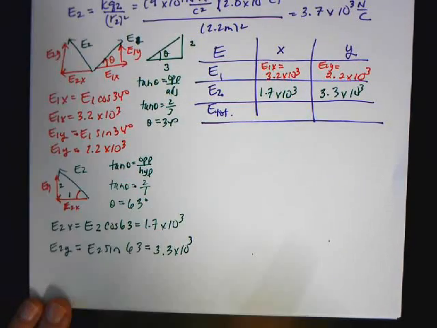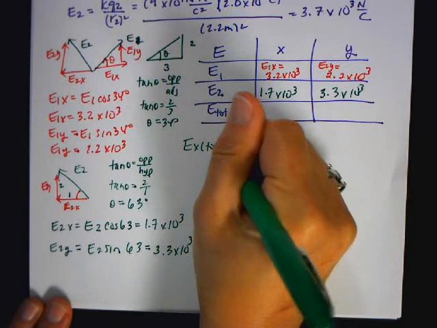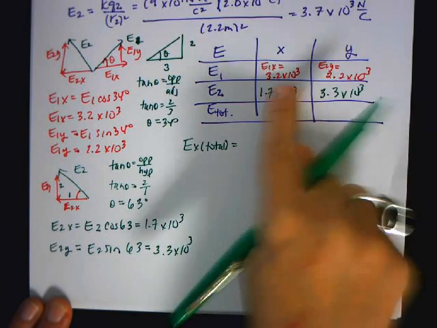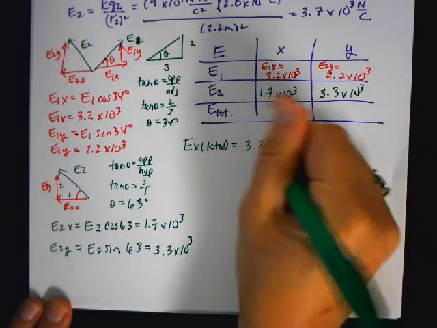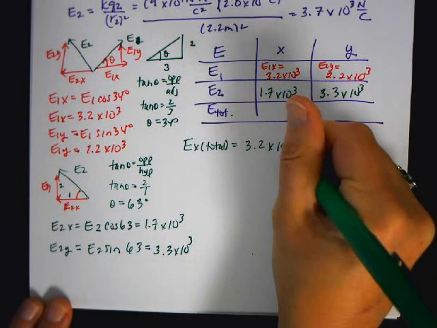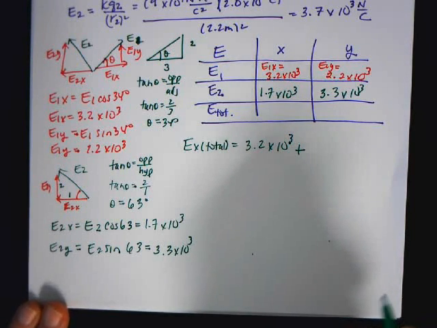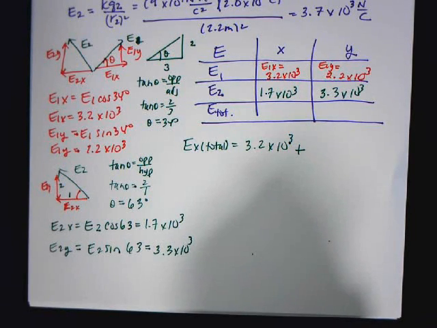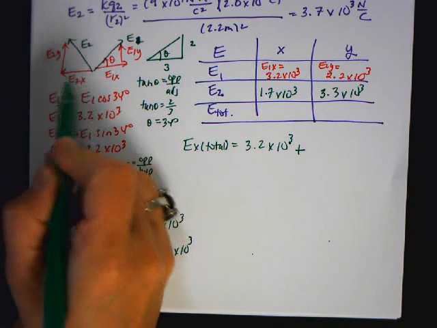So first, I have to find E total x. So I add up the two x's. So these two I'm going to add up. I'm going to say 3.2 times 10 to the third plus, now if I look at my picture, E2x goes to the left.